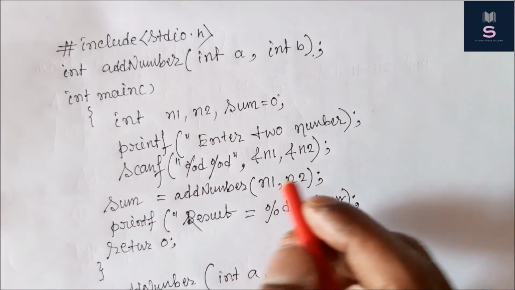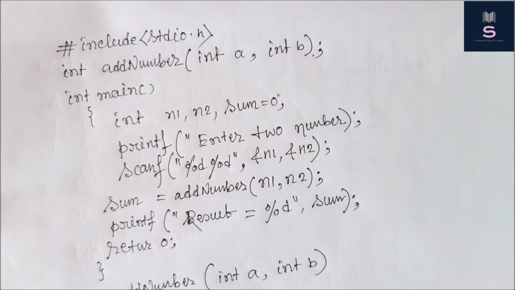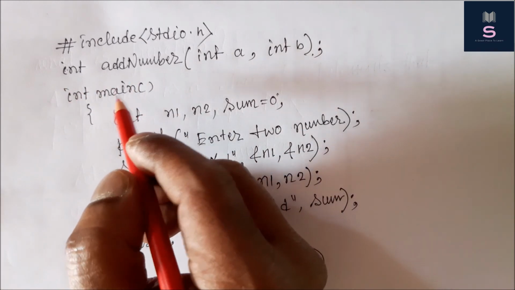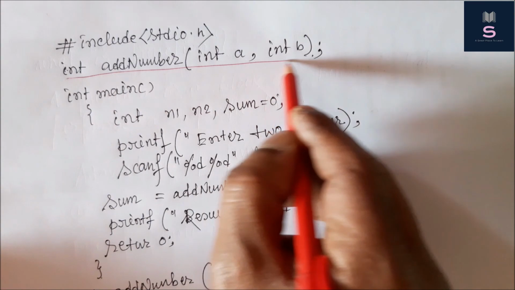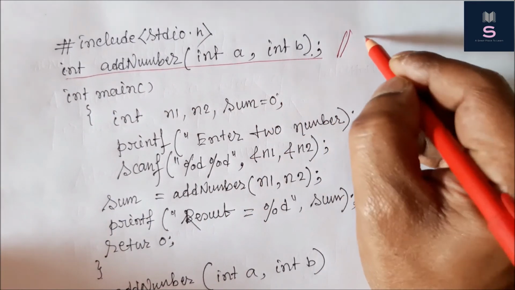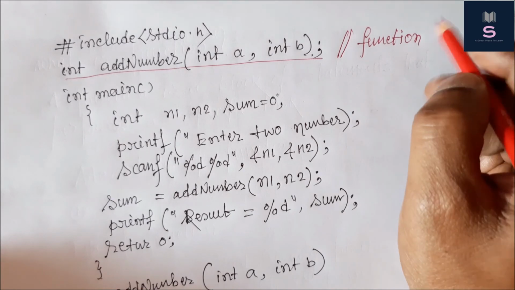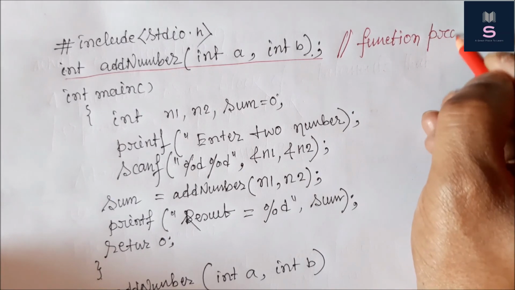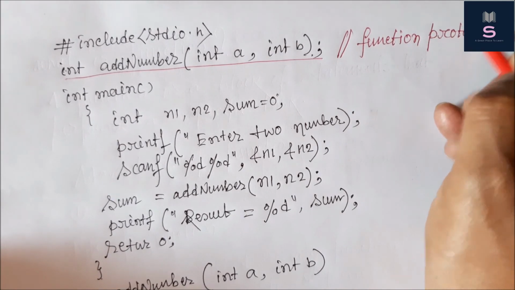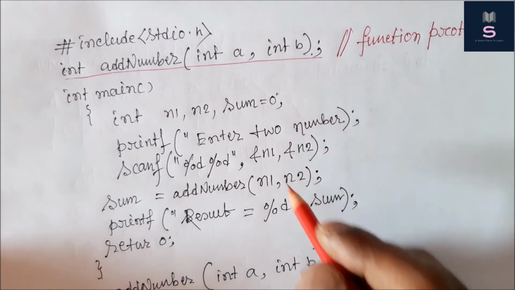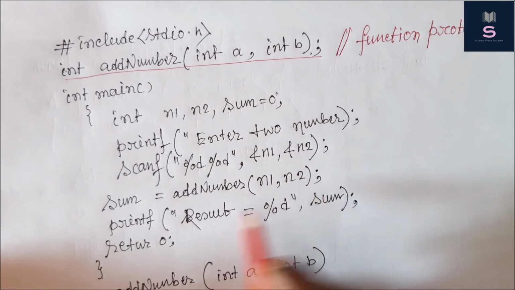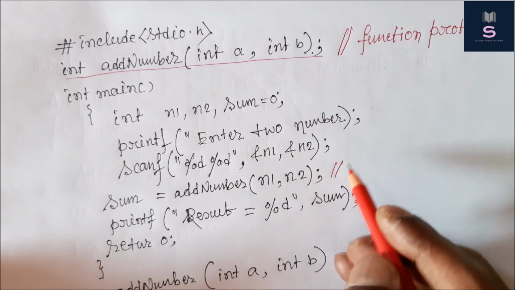Look at this. This is called function prototype. So, this line is called function prototype. And this line is called function call.